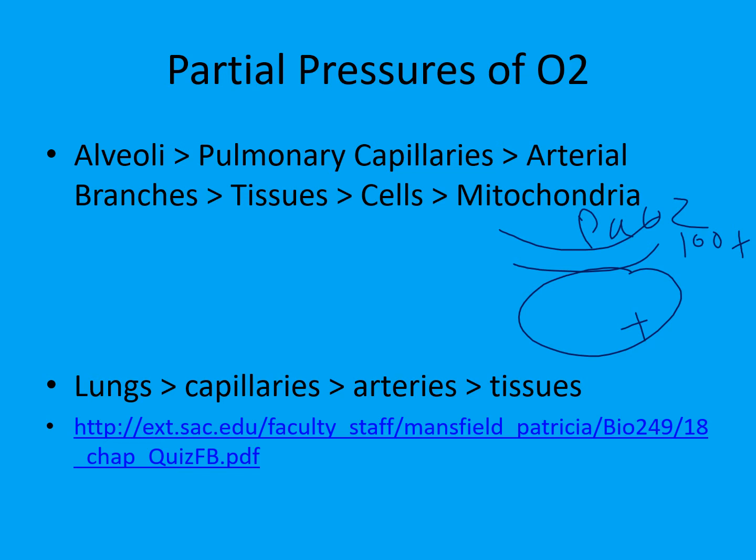So if my PaO2 is 100 millimeters of mercury and my pressure of oxygen in my tissue is, let's just say, 40 millimeters of mercury, then I have a high pressure gradient and I'm going to send a lot of oxygen from the plasma into the tissue.